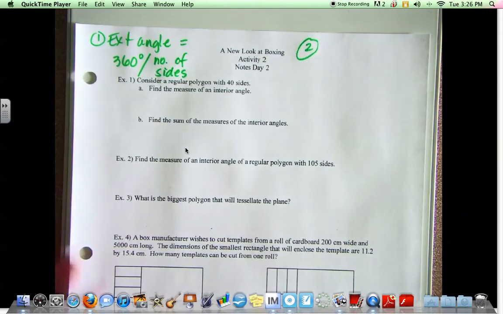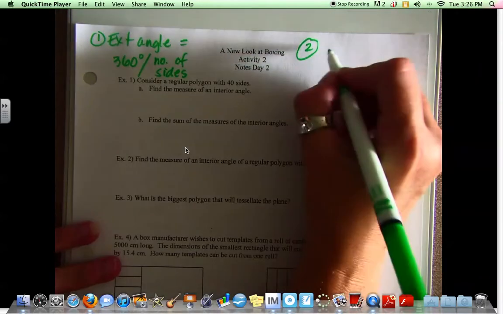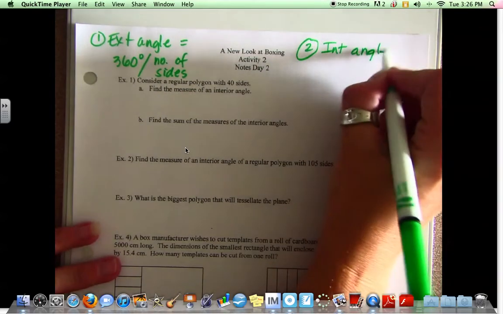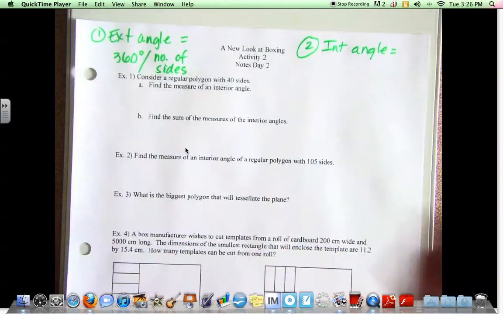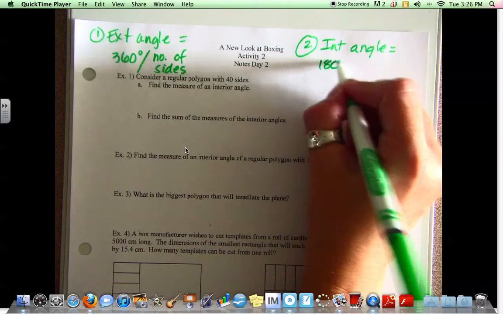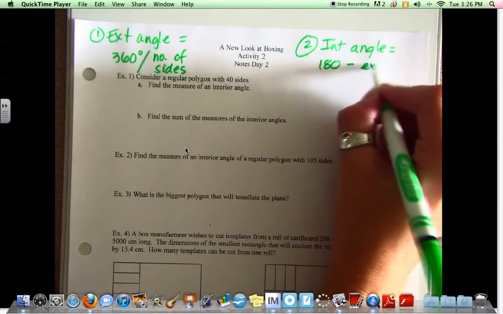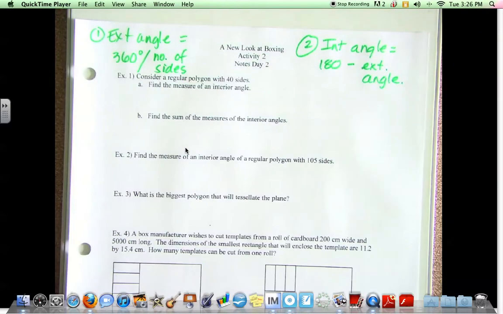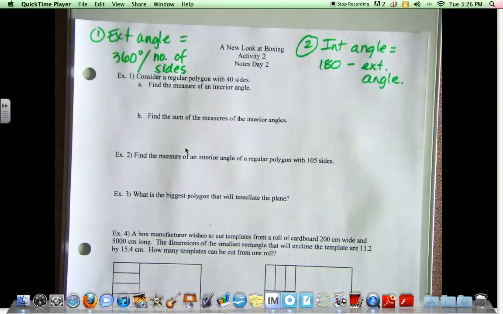So once you find the exterior angle, then you can find the interior angle. So the interior angle is 180 minus the exterior angle. And these are formulas that we're going to be using to find the different measures.